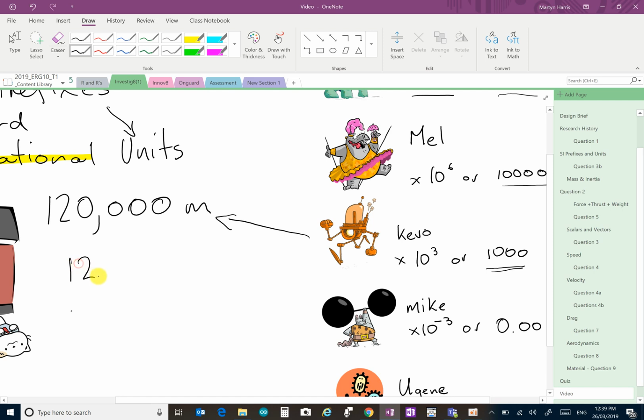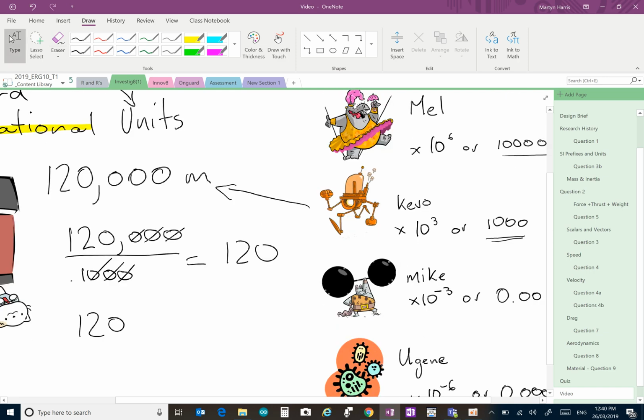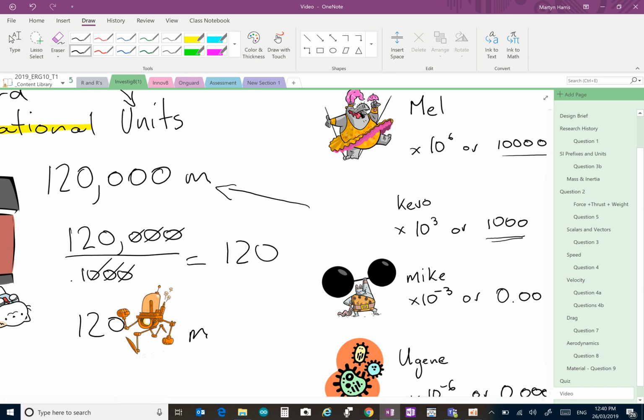So in this case, I've got 120,000. I'm going to divide it by 1,000. I can cross the zeros off like so, and I end up with 120. So this number now becomes 120 kevo meters. So now I've simplified the number by saying it's worth 120 kevo meters.